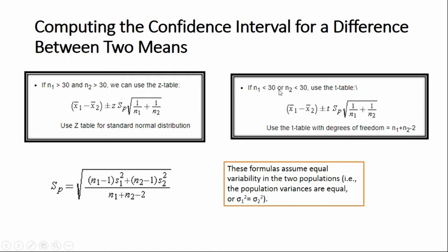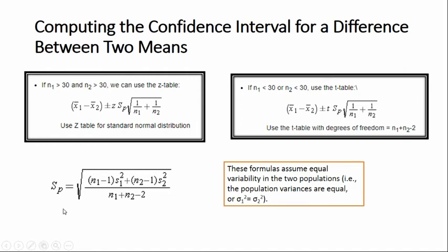If n1 is less than 30 and n2 is less than 30, use the T table. In the T table, you check according to degrees of freedom n1 plus n2 minus 2, you will check this T value to calculate the confidence interval.